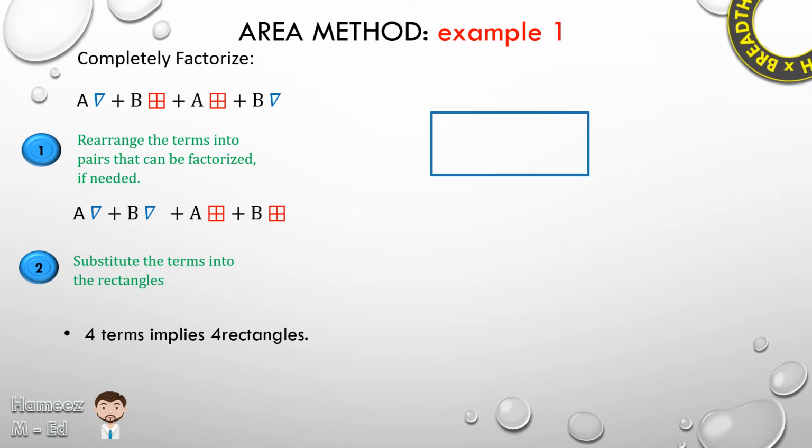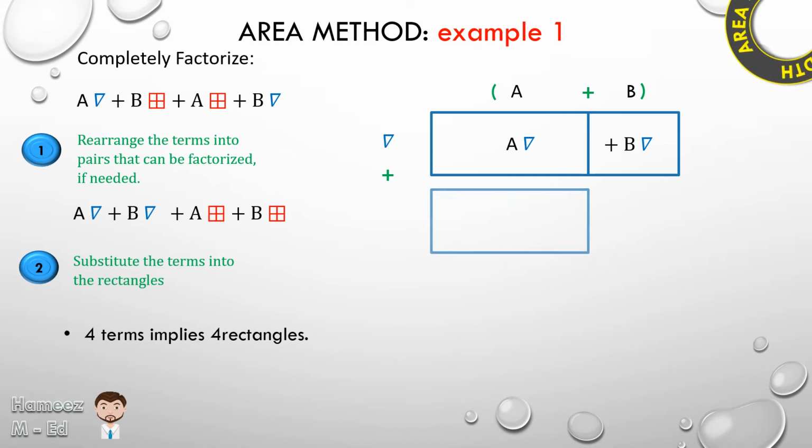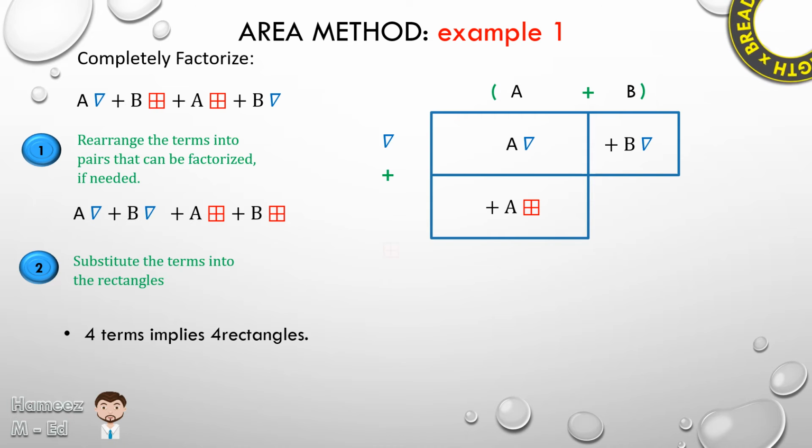So with the first rectangle, A triangle, and we know the HCF of the first 2 terms is triangle, then it will be triangle times A will give us A triangle, and with the second it will be B triangle, and we already know one side is triangle, so the other side is B. With the third, it is A window, and we already know A is one side, so the other side must be window.